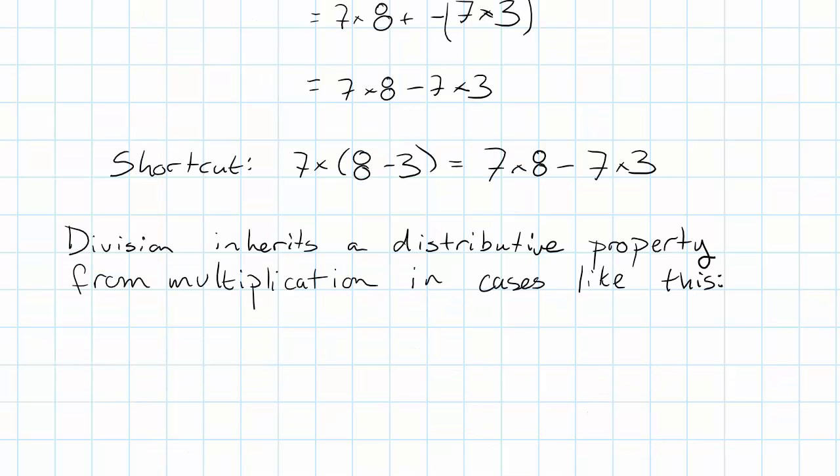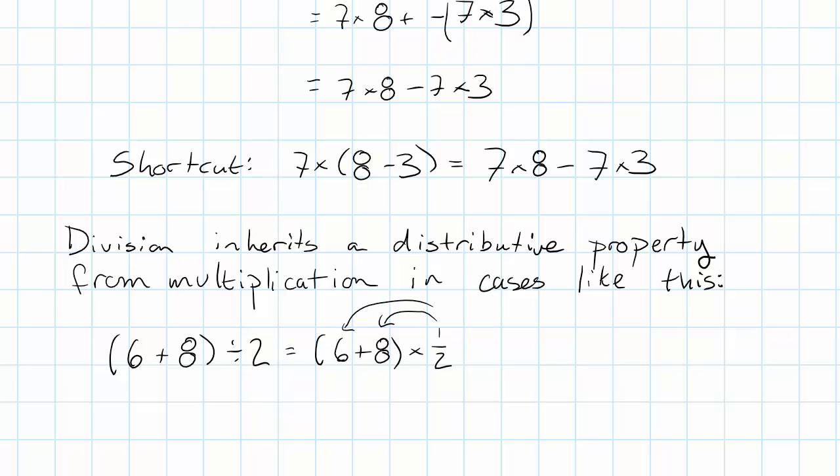What about division? Division inherits a distributive property from multiplication in cases like this. Say we have (6 plus 8) divided by 2. Right, that's 6 plus 8 times the reciprocal of 2, which is a half. Now we can distribute.